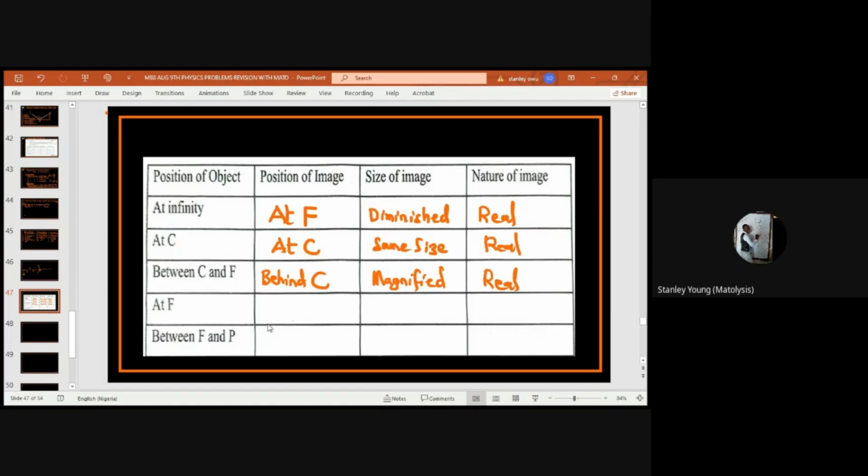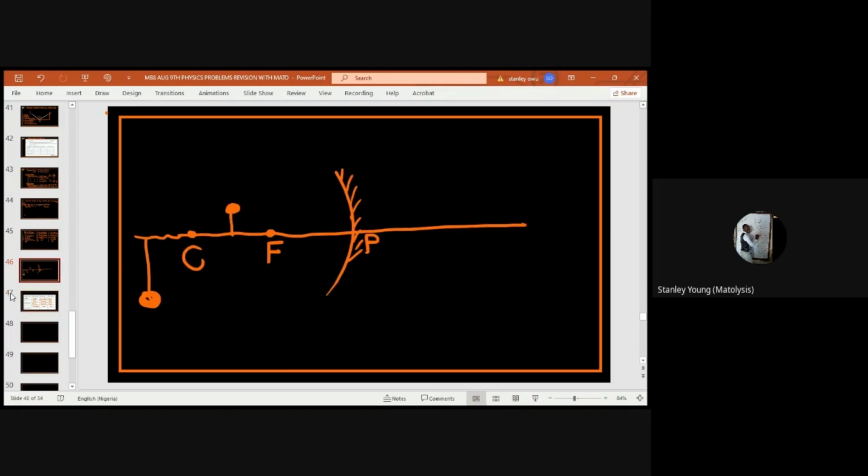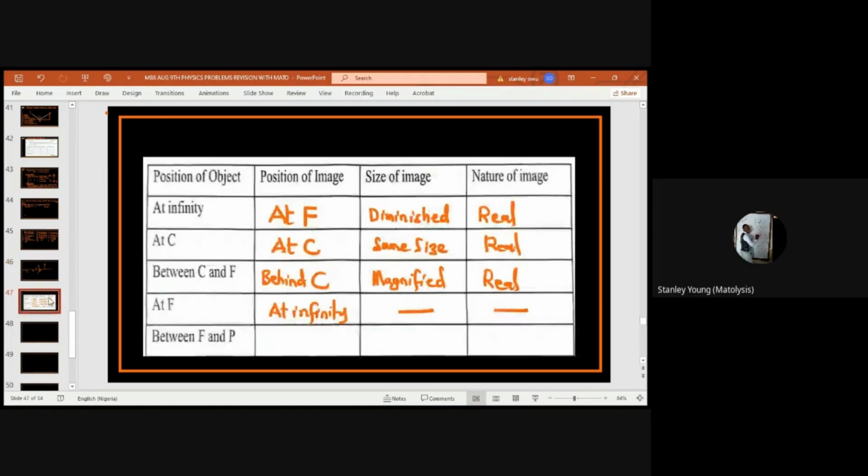When the object is at F, the image is formed at infinity. We can tell the size, we can tell the nature. Between F and P, when the object is positioned between F and P, like in this case, this is the object here, the image is going to be formed somewhere around here. So you can see that it is bigger.